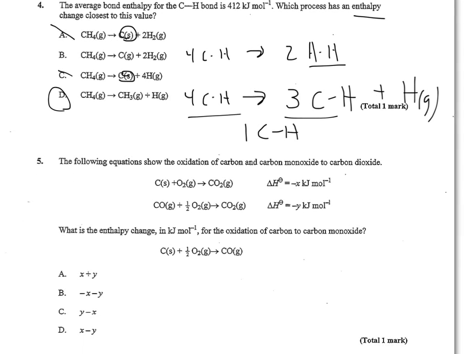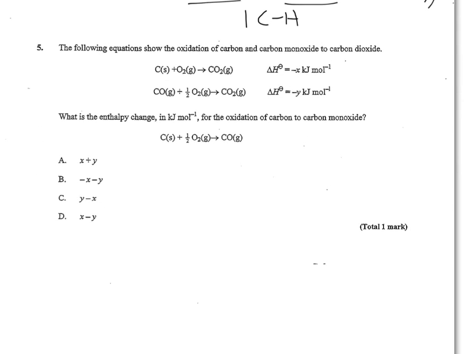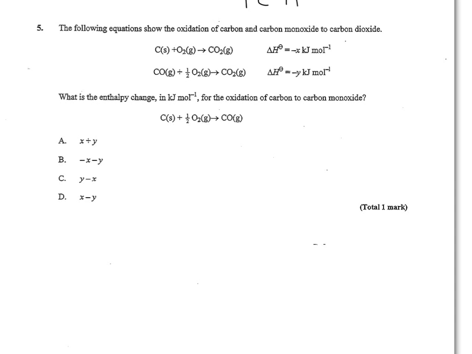Question number 5 then says, the following equations show the oxidation of carbon and carbon monoxide to form carbon dioxide. What's the enthalpy change? And when they use X and Y, don't let it mess you up. You're just going to look at it and see which equations you have to flip, if any. So CO2, I don't need, but C as a solid I do need. O2 as a gas I do need.